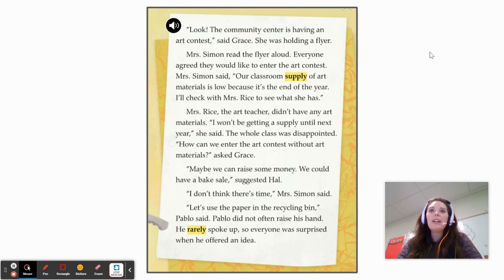"Look, the community center is having an art contest," said Grace. She was holding a flyer. Mrs. Simon read the flyer aloud. Everyone agreed they would like to enter the art contest. Mrs. Simon said, "Our classroom supply of art materials is low because it's the end of the school year.